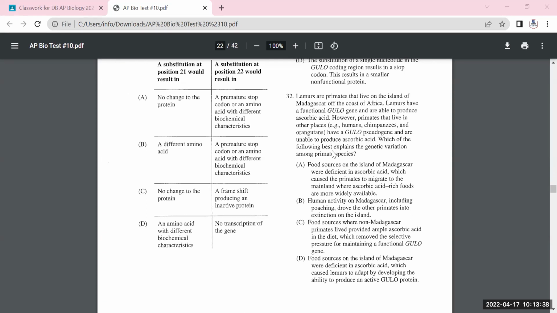Yes, that makes sense. Why do we not have a functional gulo gene? Because we don't need to make ascorbic acid. Even if you're not purposely taking vitamin C as a vitamin, through just your everyday food consumption, you're getting a good amount of vitamin C.